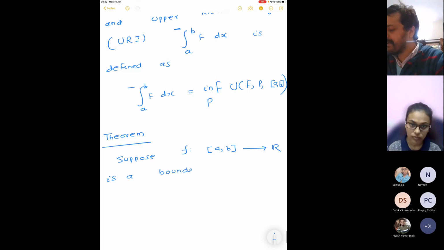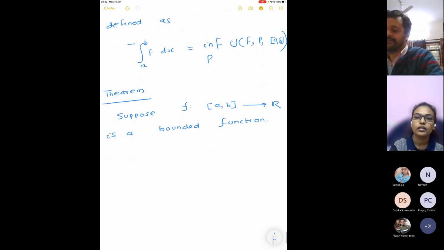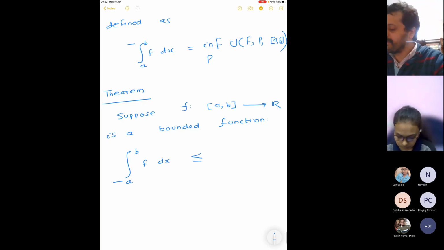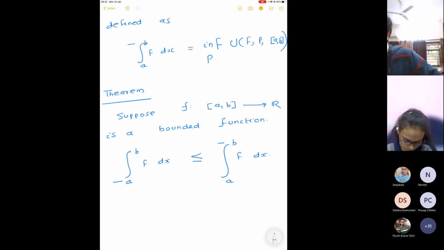Can you guess the connection between the lower and upper Riemann integral? The lower Riemann integral is always less than or equal to the upper Riemann integral. That will follow from the previous theorems that we proved.